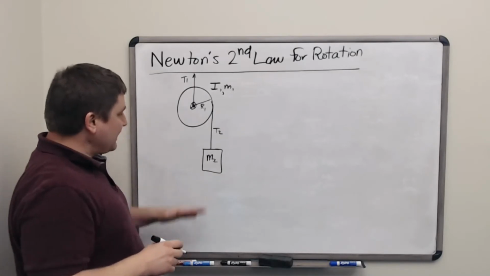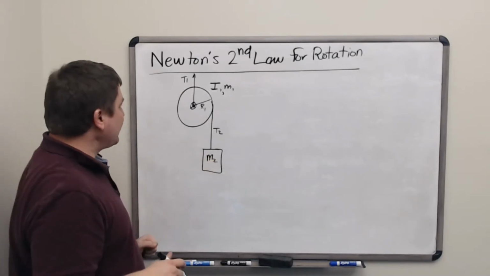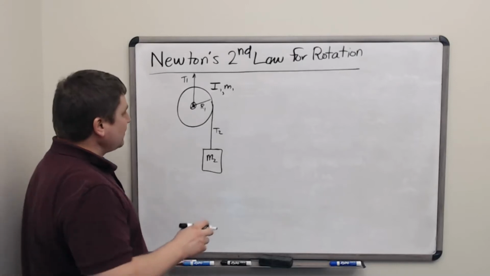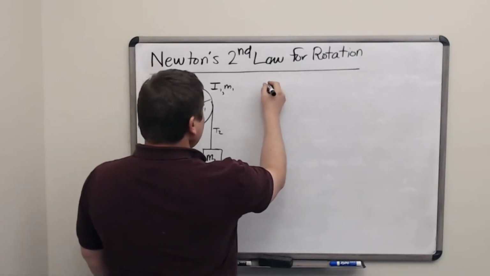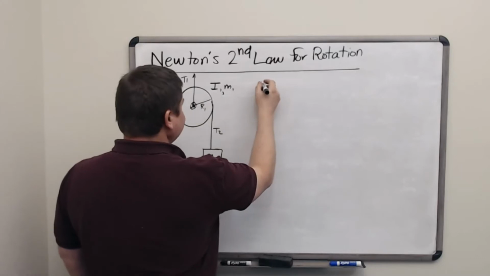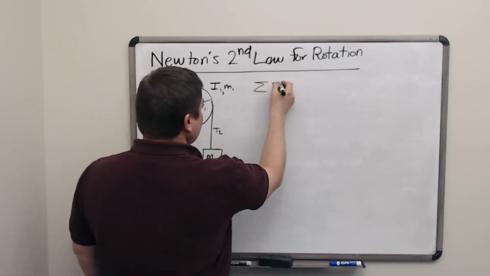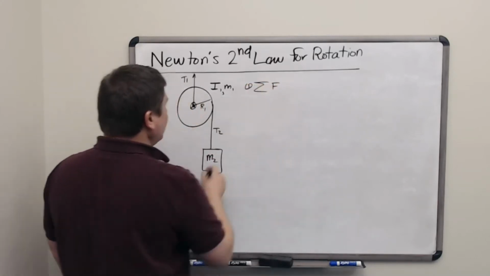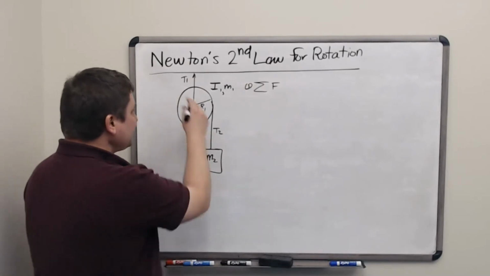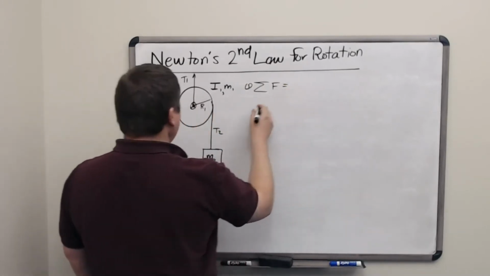So we have things that can move here, and we have things that can rotate. Let's first think about the forces involved. For object 1, which is the wheel, we have 3 forces.